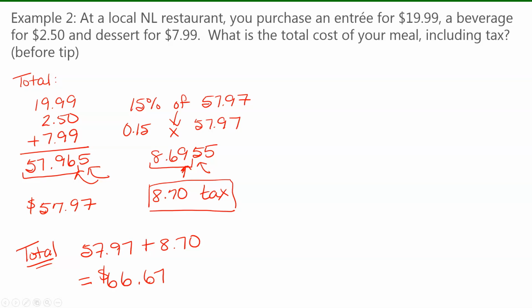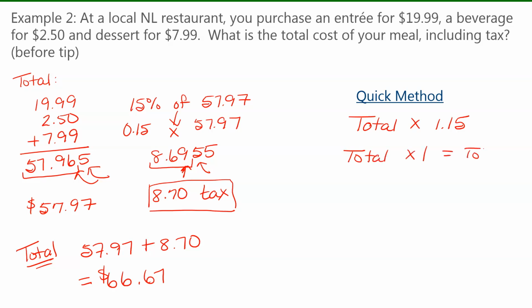Now there is a very quick method that we could use to calculate that. And we could do that by taking our total and multiplying by 1.15 instead of just by 0.15 and then adding it on. The reason that works is because if I take the total and I multiply it by 1, I get the total.